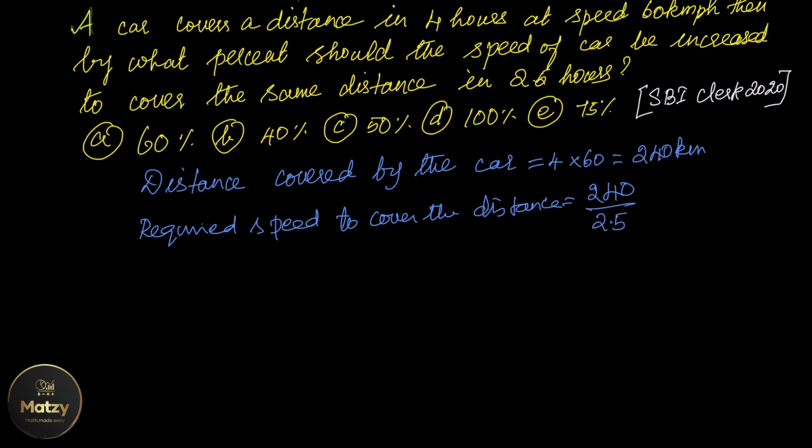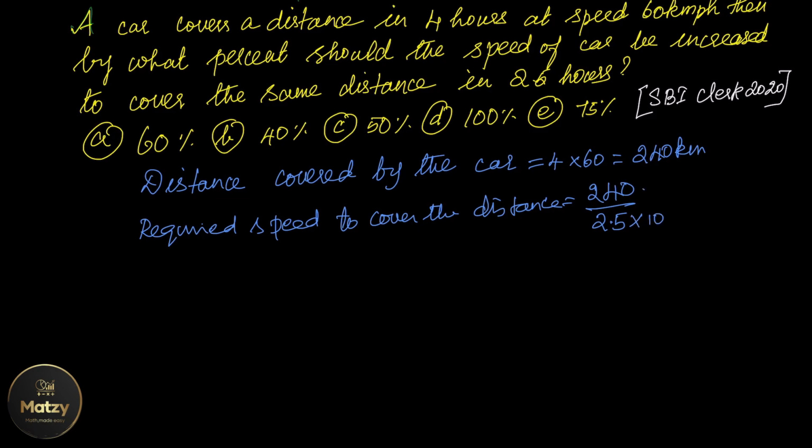So, what is the speed? Definitely, because in the beginning it took 4 hours, now it has to take 2.5 hours, but it should cover the same distance. So definitely the speed will increase. Am I right?